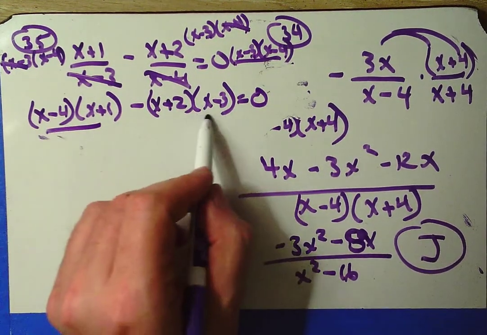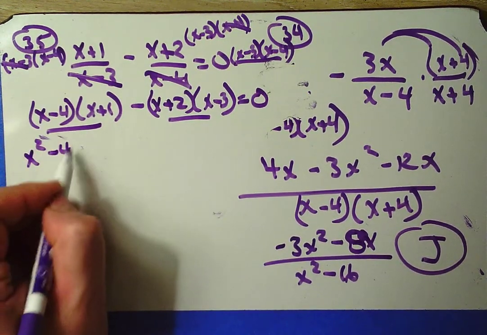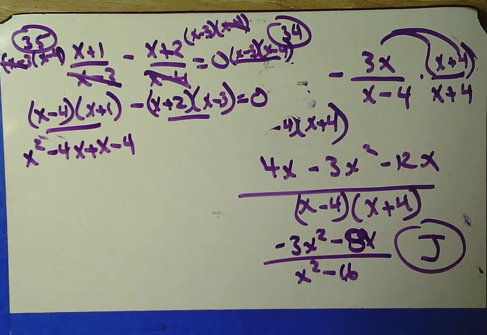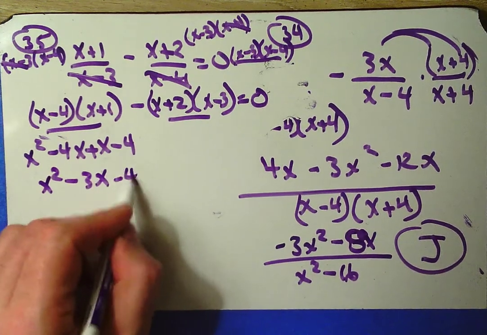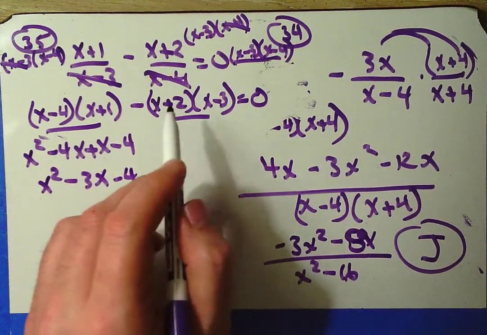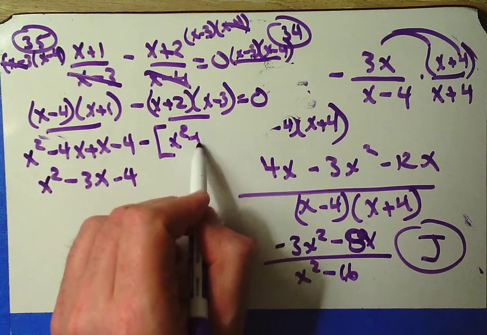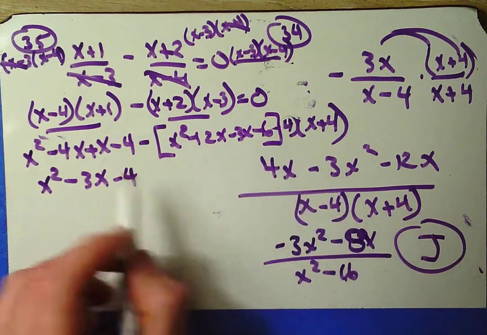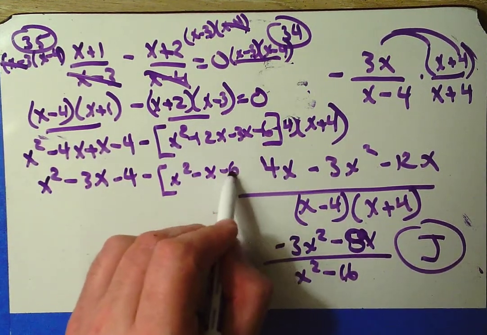So I need to FOIL, and I need to FOIL. I'll have x squared minus 4x plus x minus 4, or x squared minus 3x minus 4. And then here, when I FOIL, I'm going to have x squared plus 2x minus 3x minus 6, or x squared minus x minus 6.